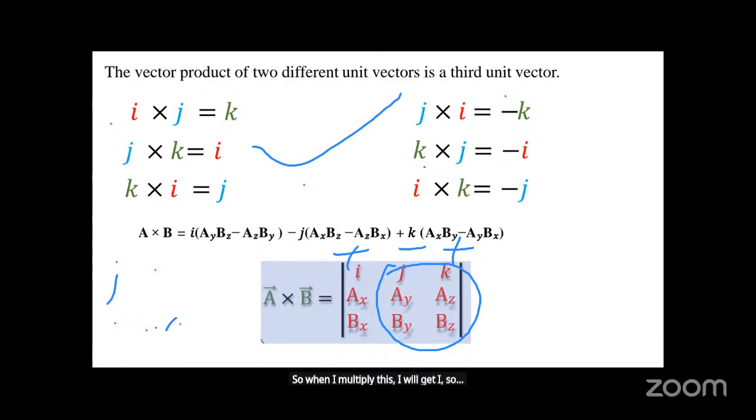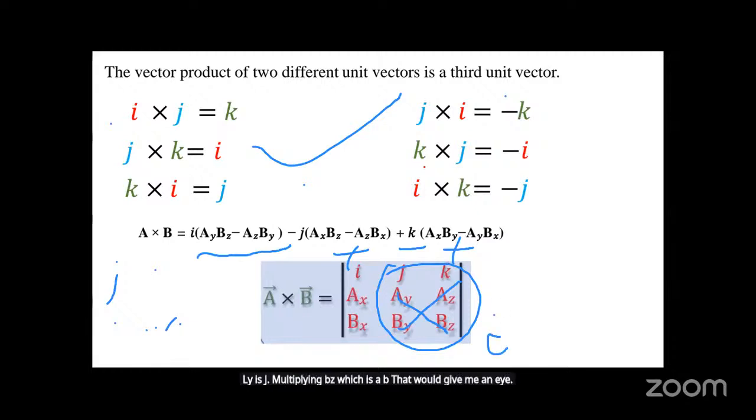When I multiply this, I will get I. So now, AY, BZ minus AZ, BY will give me AI. So that is what you have here. AY, BZ minus, remember AY is J, multiplying BZ, which is a K. That will give me an I.